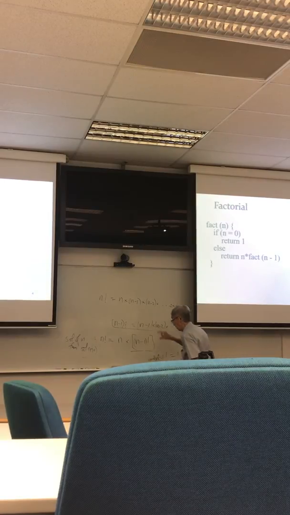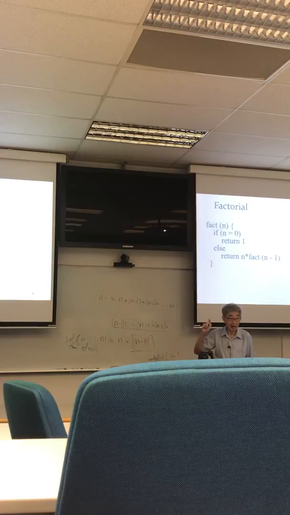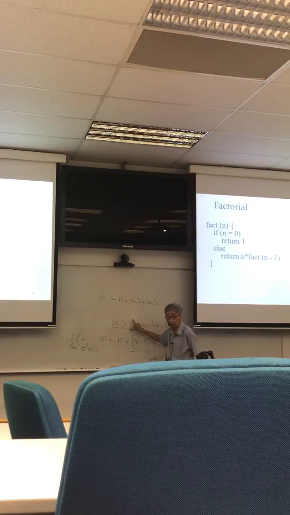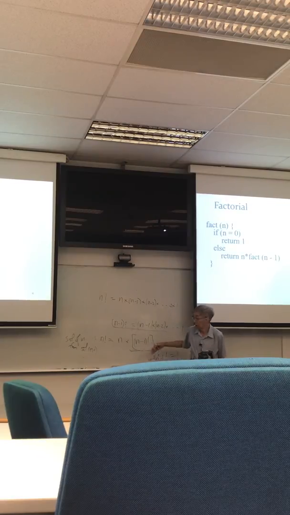For the inductive step, with the hypothesis that we can find factorial for n minus 1, how do we form factorial for n from n minus 1? We just take n times n minus 1 factorial. That will form it.